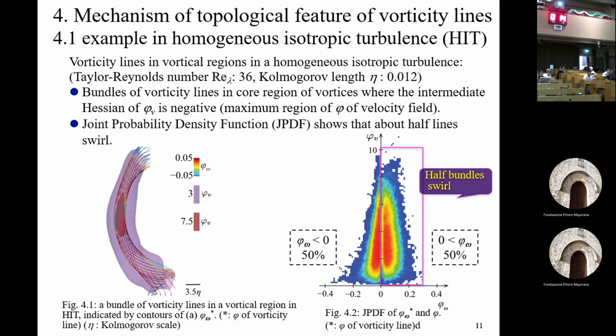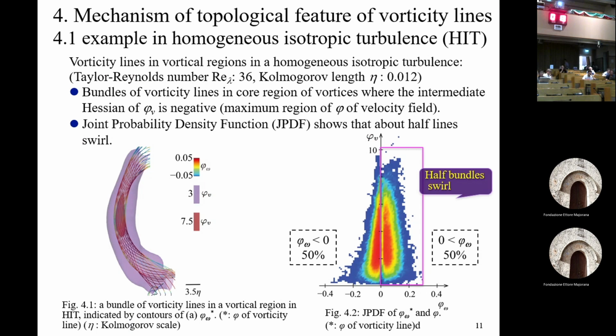First, this figure shows an example of a vortical region represented by the contour of the swirlity of velocity, and one bundle of vorticity lines passing through the core region of the vortex. The color of the vorticity line shows the swirlity of vorticity lines. Since it has red regions in most parts, vorticity lines swirl in most parts.